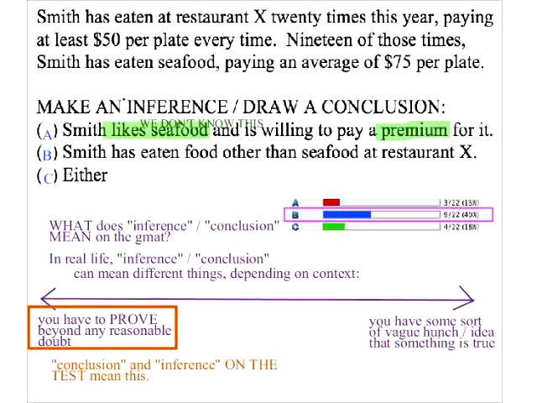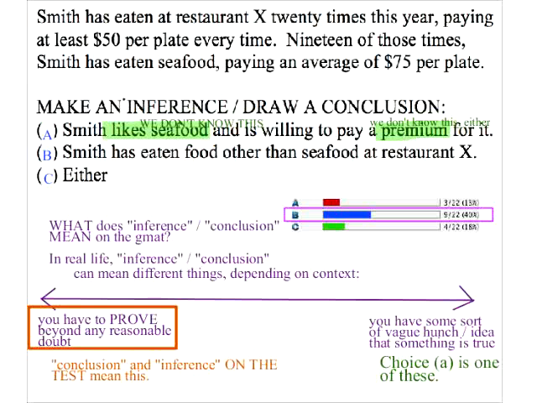Seafood is 75, but that still allows cases where other food costs even more. So we don't know this either. So choice A is this kind of thing on the right of our spectrum here, where it's just a vague hunch.